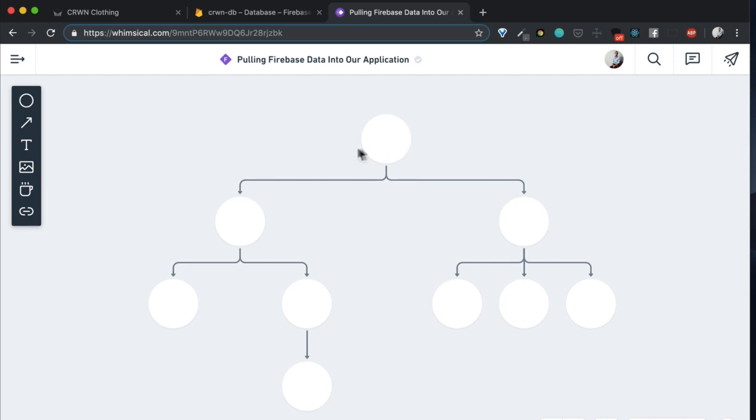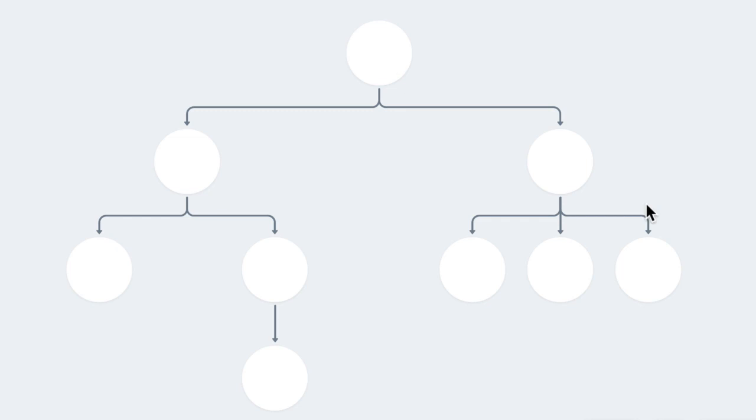If you imagine the top level here is our app, let's say this was our header, let's say this was our shop page, this was our collections preview or our collections overview page, and let's say this is the collection page for the individual collections. We know that both these components actually need the data that we are pulling from our collections in our Firestore.